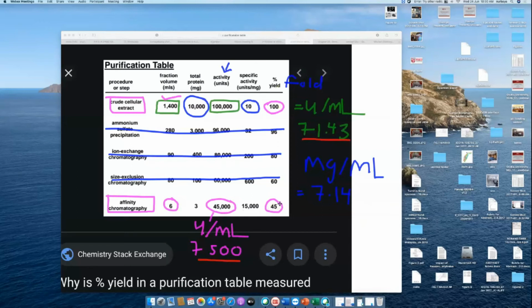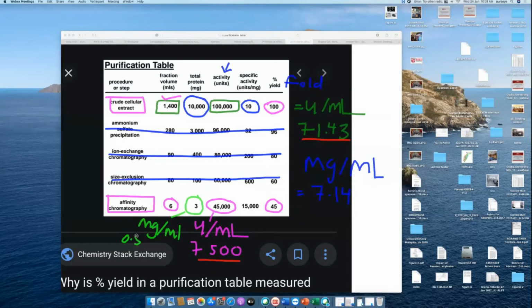The yield is 45%. Maybe you want to know, let's just check for the protein. What will be the milligram per ml of the protein? Check for this. So you said here 0.5.